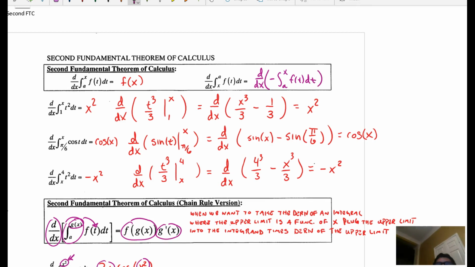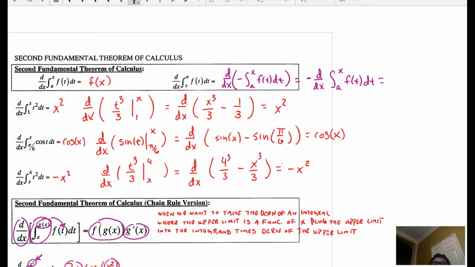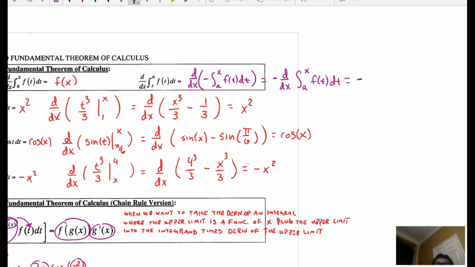Then we can bring that negative out in front: negative the derivative of the integral where the upper limit is a function of x. That's going to give us the negative of the upper limit plugged into the integrand times the derivative of the upper limit, which in this case is just 1.